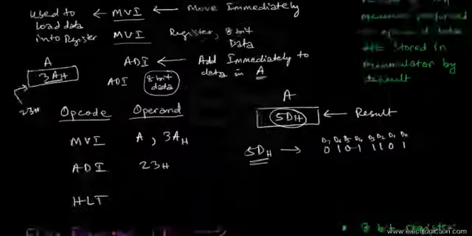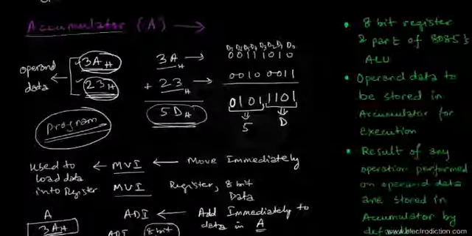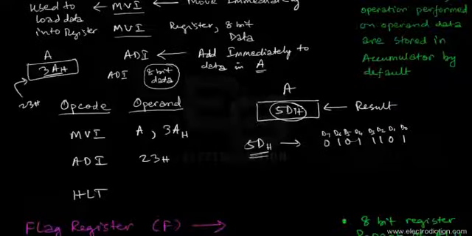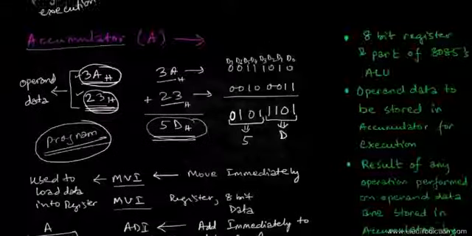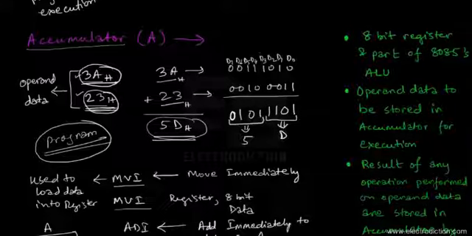If we monitor this process for this result, in the addition of these two data, and check the addition more closely, you'll see that there is no carry from bit position D3 to D4.